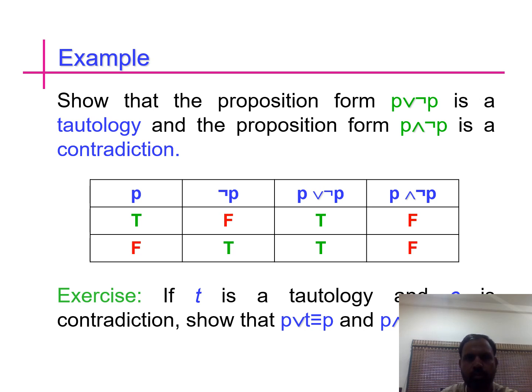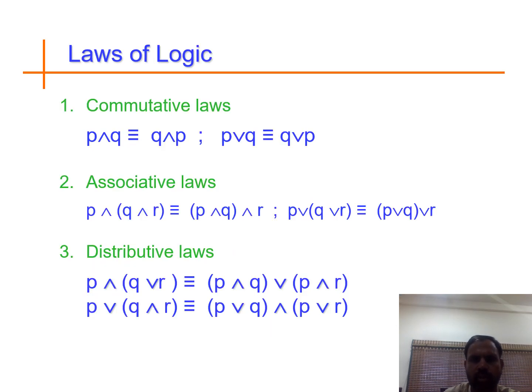P or negation P: true, true. P and negation P: false, false. So it is a tautology and it is a contradiction. So this is another exercise, you can solve it.